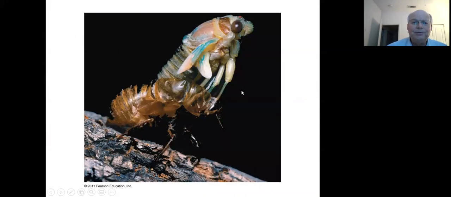So you should be familiar with this. Here you can see, in this case, it looks like a cicada shedding its exoskeleton and emerging as the full adult form. It will take a few hours for it to stretch out its wings and for it to harden up the exoskeleton, which makes it incredibly vulnerable during that time period.